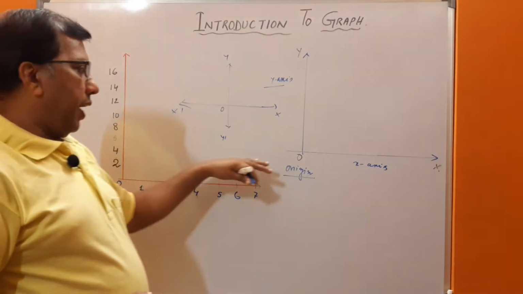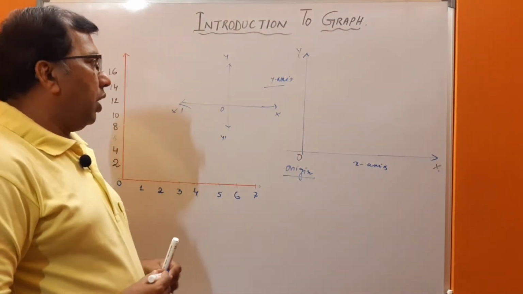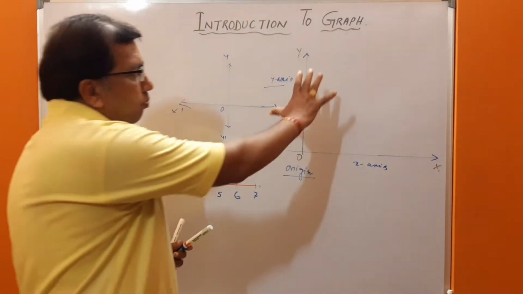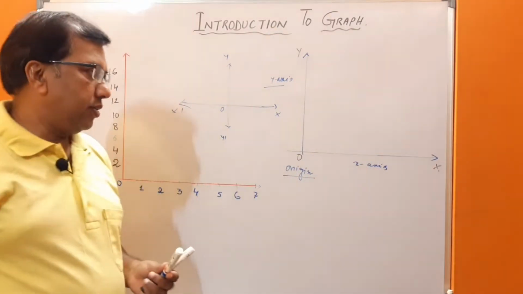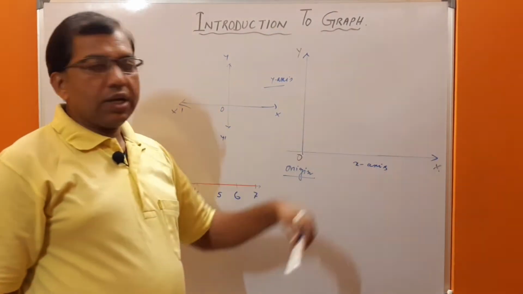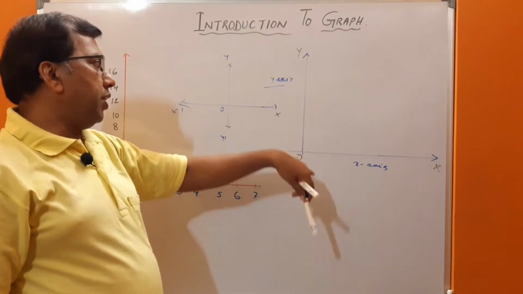And if you plot a point, this plane is known as the Cartesian plane. X O X dash and Y O Y dash is known as the Cartesian plane.